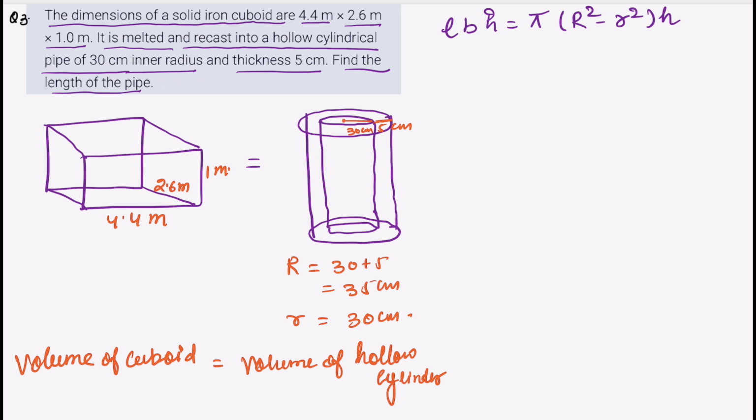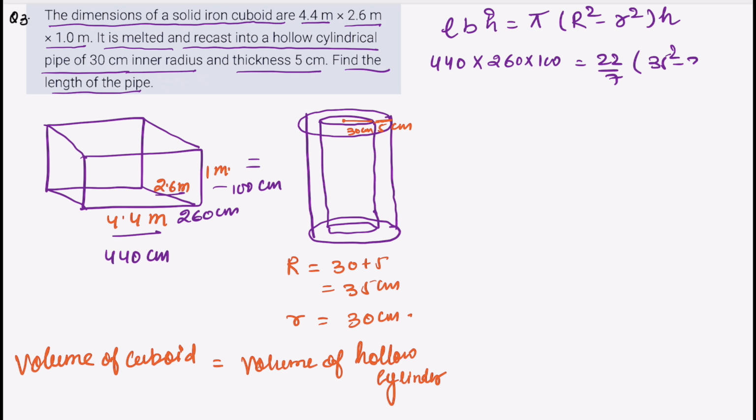Now the dimensions of the cuboid are in meter and the dimensions of the hollow cylinder are in centimeters. So let's change the dimensions of the cuboid to centimeter. So length will be 440 centimeter, breadth will be 260 centimeter, and height will be 100 centimeter. So from here we will write 440 into 260 into 100 equals 22 by 7 into 35 square minus 30 square into H. H is what we have to find.